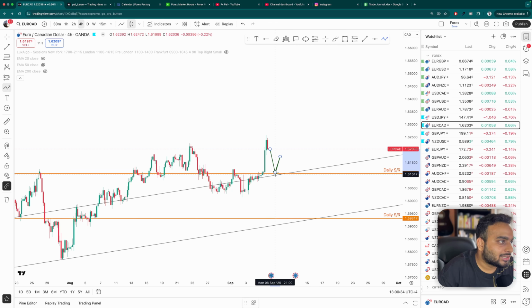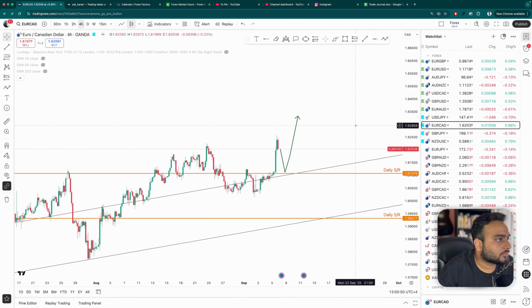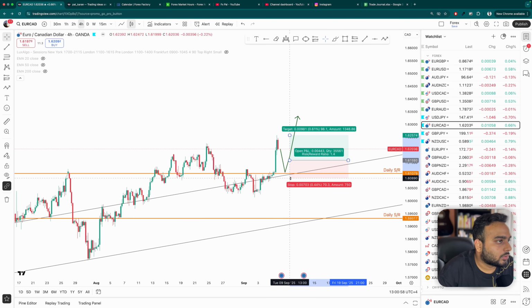If I see a few rejections happening right here, and then a good engulfing candle on maybe the 1 hour or 2 hour time frame, I like to buy this to go up. Right now we don't have a specific area to mark, so I'll take a buy around here, stop loss around this area, and a minimum target of 2, a max target of 3.